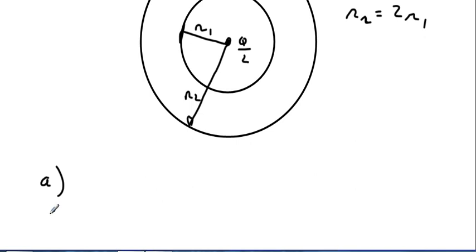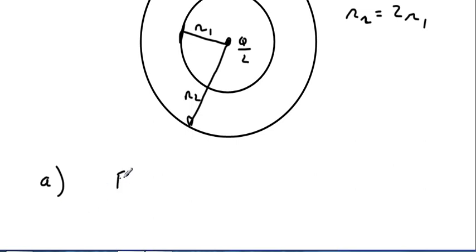Write the electric field in all three regions as a function of R. Then determine the potential as a function of R. Okay, well, we'll do part A first.